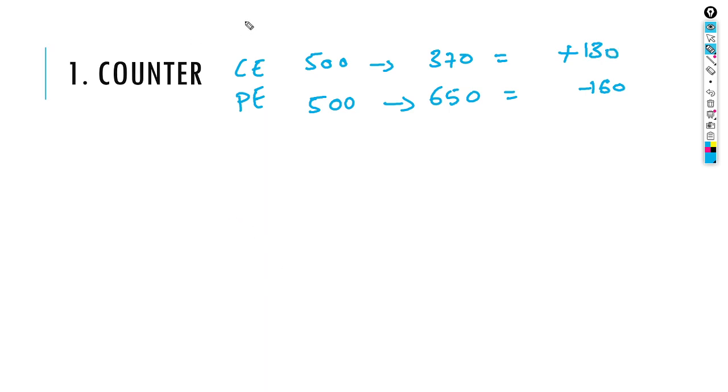You have sold the 35,000 straddle. I don't know which option will be trading around this range, so you have to pick an option which is less than half of this price. If this is at 370, then pick an option which is currently trading at 160 or 150. Pick an option which is trading at 150, and that must be the put option. Don't pick the call option.